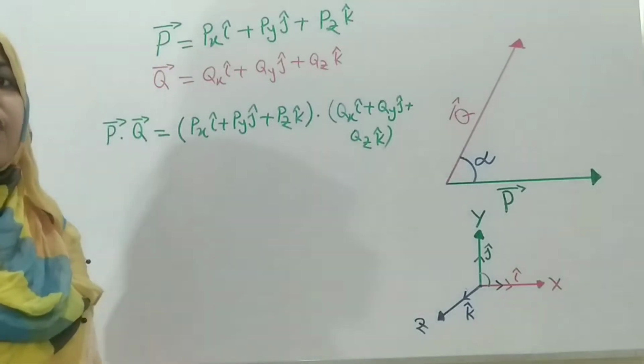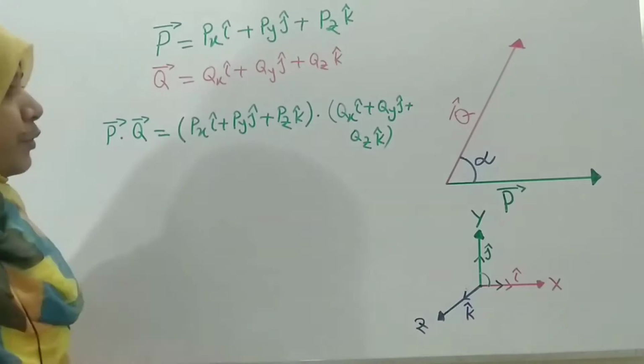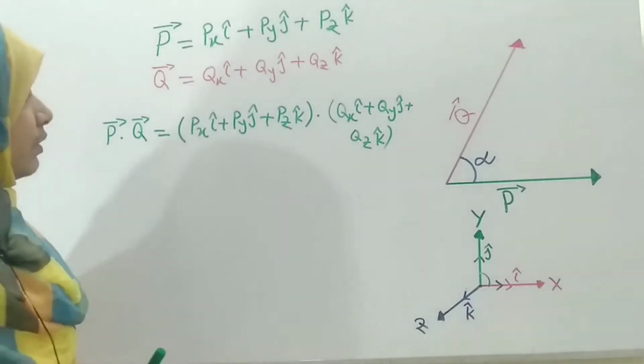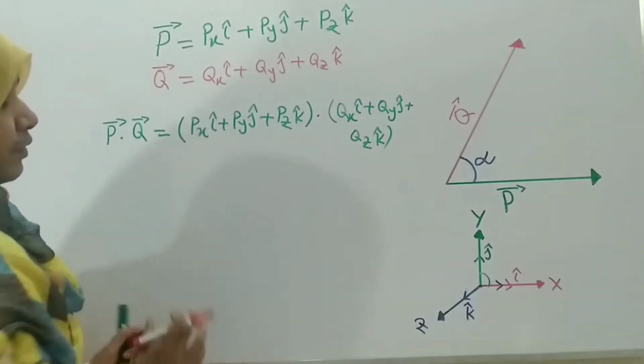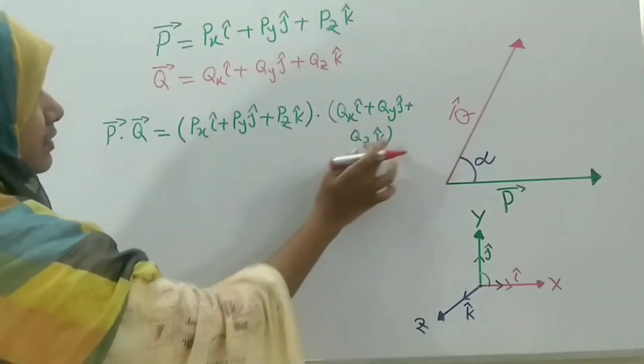Now I am going to follow the normal mathematical procedure first. So here you can see that firstly Px i is multiplied with these three quantities.